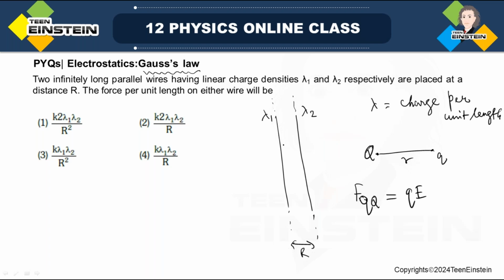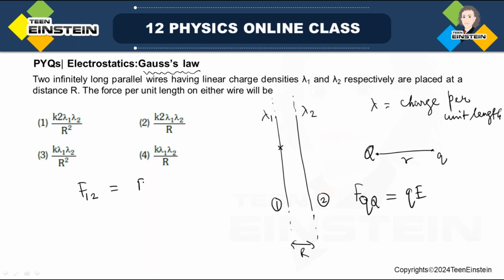Here you have to find out the electric field. Suppose this is wire 1 and this is wire 2, and I want to find out the force on 1 due to 2. I have to find out the field produced at the place of wire 1 by wire 2.